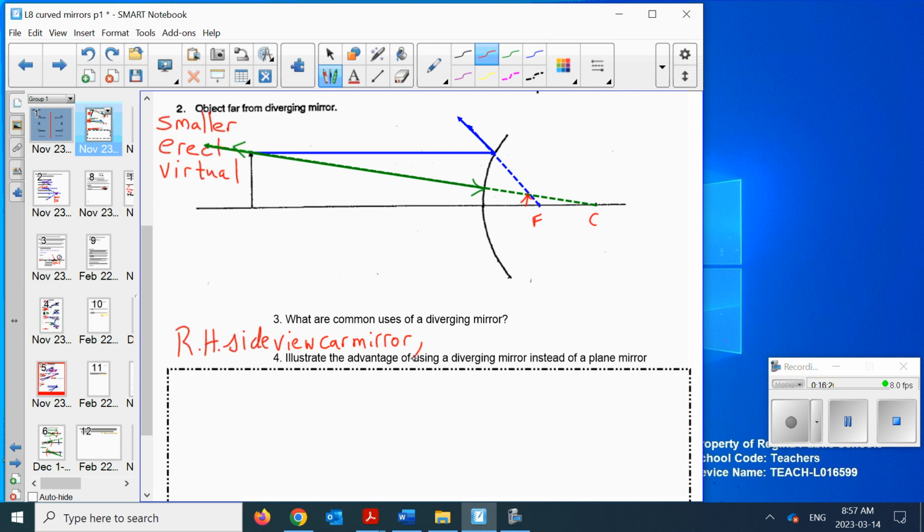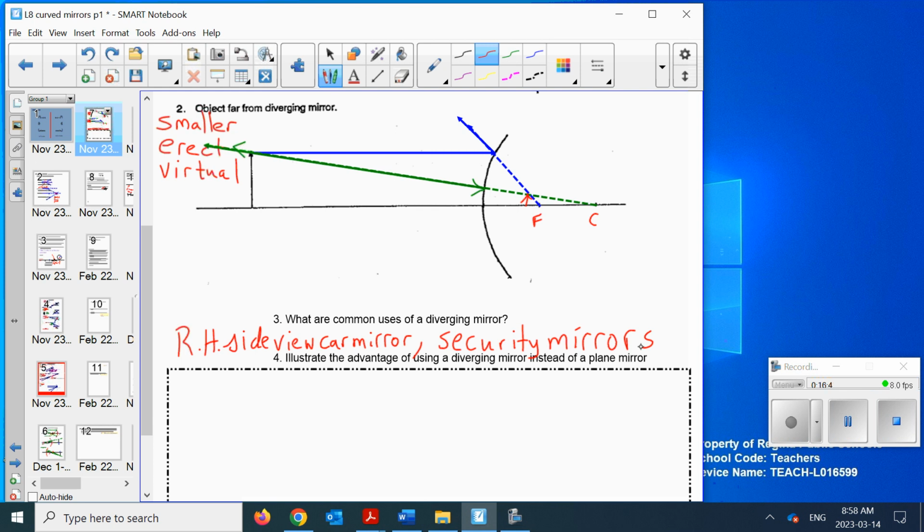And then the security mirrors for shoplifting, etc. There's other uses, like roads, as people have mentioned, around corners and stuff like that, to avoid a collision.